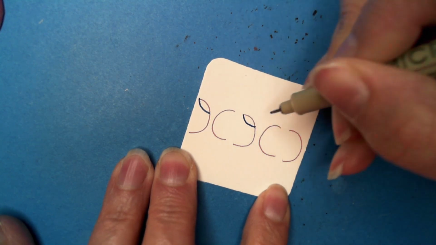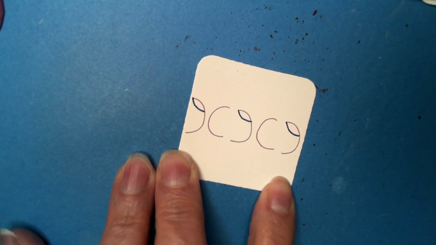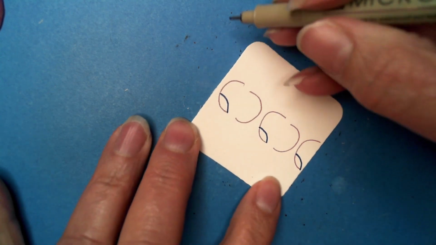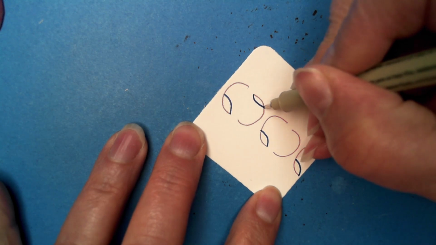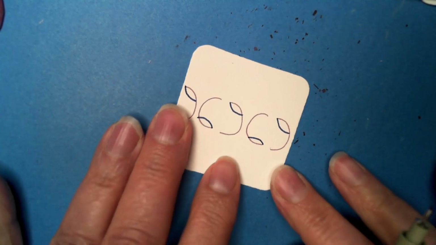We're going to put a nice seed shape in like that. Yeah, so I'm going, I hope I'm right. Yes, I'm right. Okay. And then we're going to flip it, do the same on the other side. There we go.